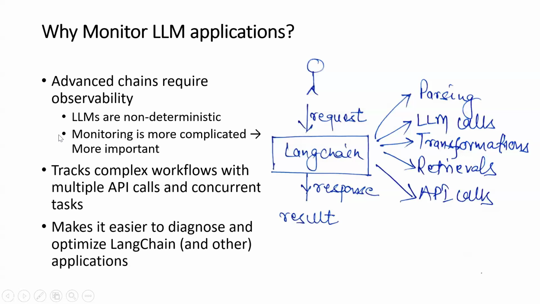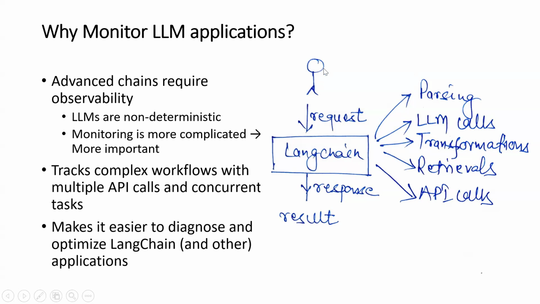And again, we are building applications using LLMs. Thus, it becomes even more important to know at least what is coming out of the LLM, what is exactly being produced by the LLM. Is it a string? Is it a JSON? What are the values? Is it parsing correctly or not?